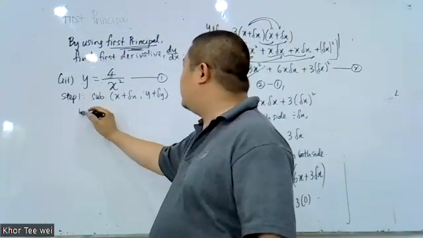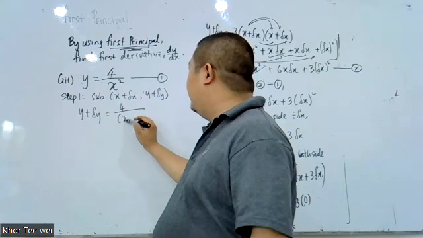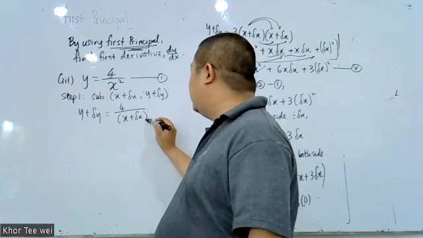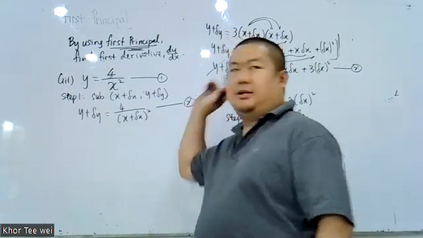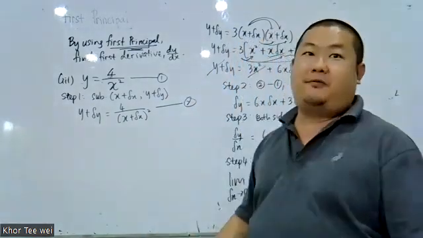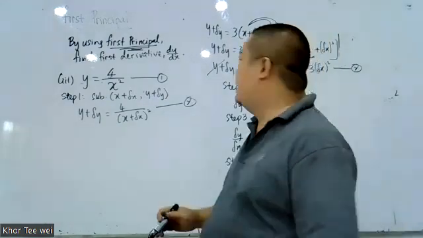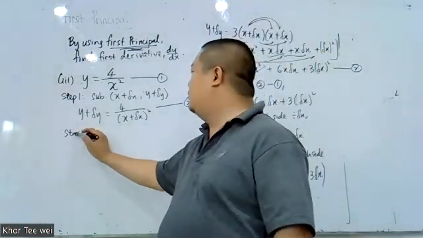So this one becomes y plus delta y equals 4 over (x plus delta x) squared. This one will be equation 2. Because this one is a fraction, no need to expand first. If it is a fraction, don't expand first.